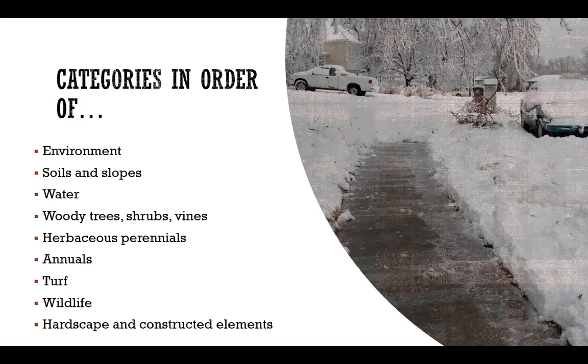The water itself, we keep emphasizing water. Woody trees, shrubs, and vines. Herbaceous perennials, you're definitely going to track those differently than your annuals. And there are 2 things to think about even now with herbaceous perennials.